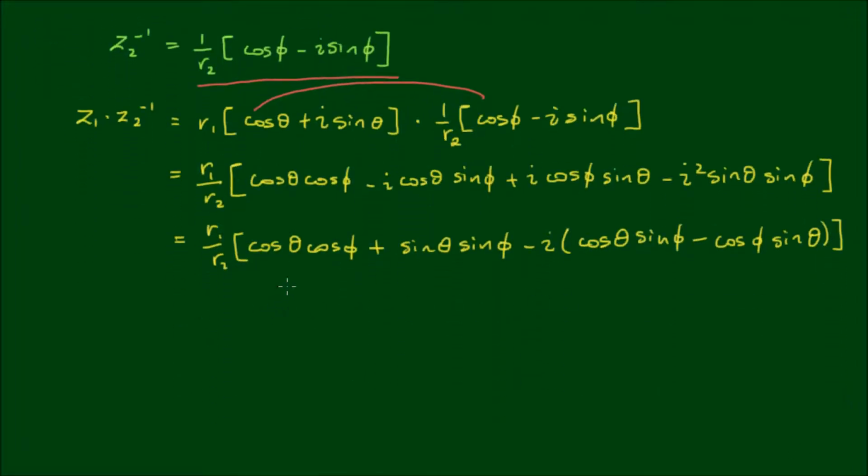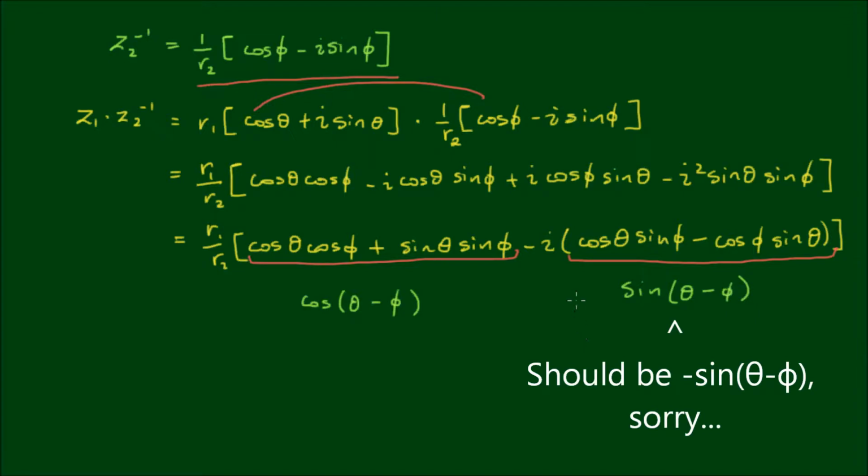And again, knowing our trigonometric identities can really help us simplify this expression here. So this real part here can be simplified to cos of theta minus phi, and the imaginary part can be simplified to sine of theta minus phi.